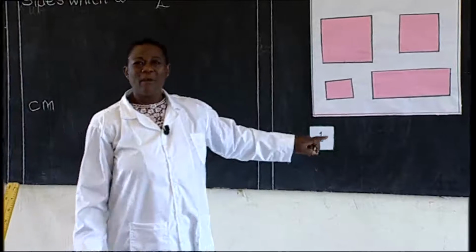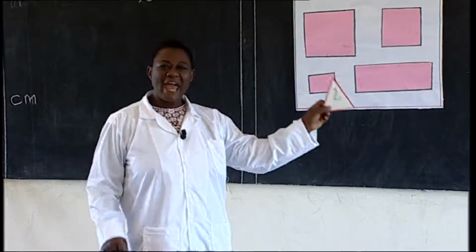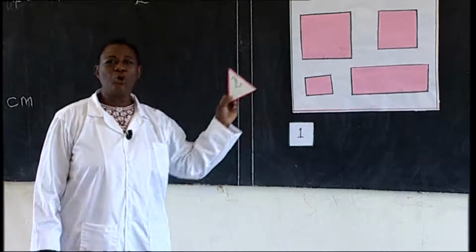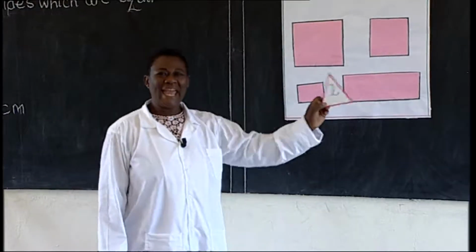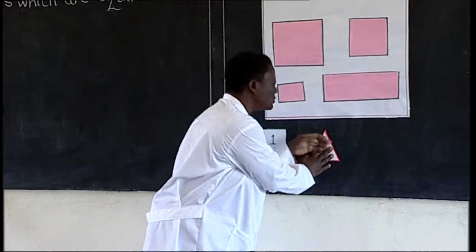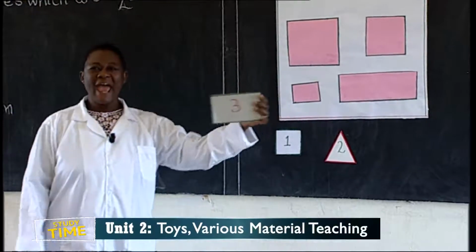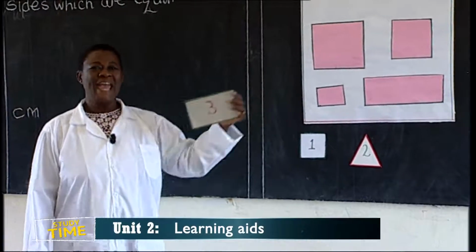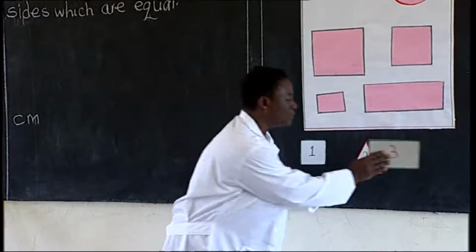Here I am, how do you do? Shape two, where are you? Here I am, how do you do? Shape three, where are you? Here I am, how do you do?